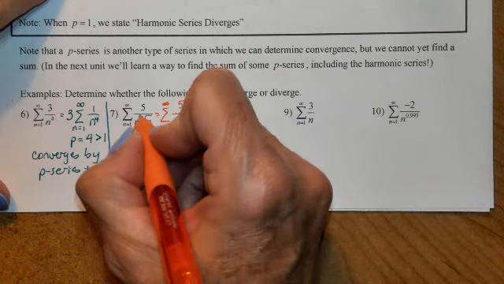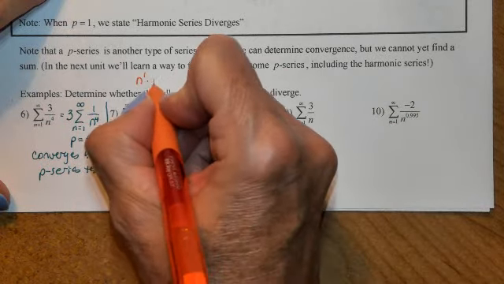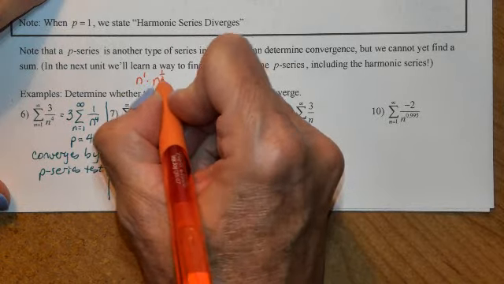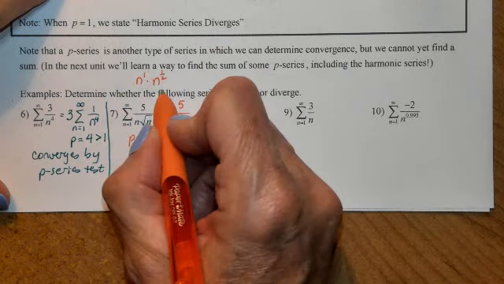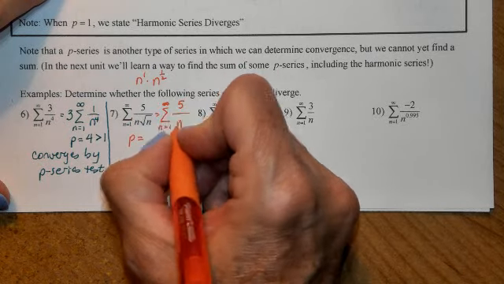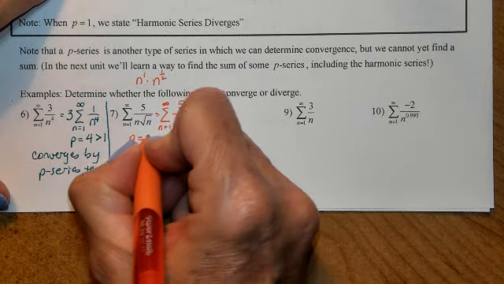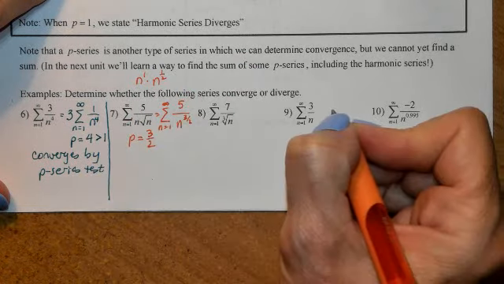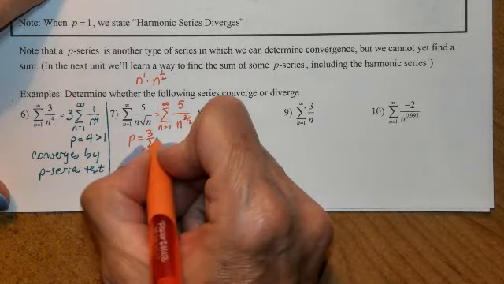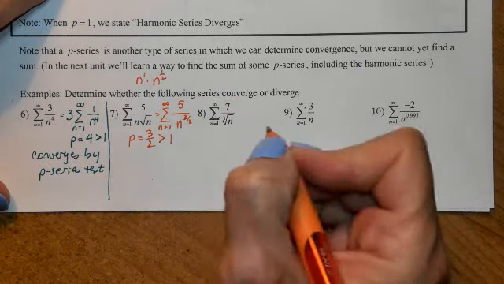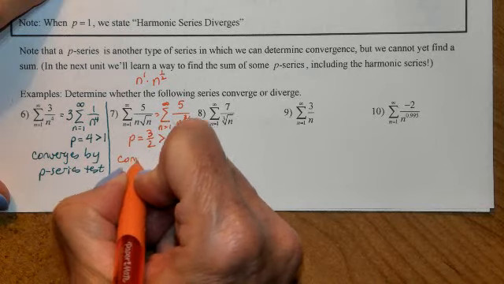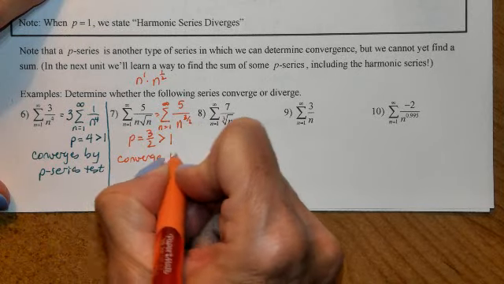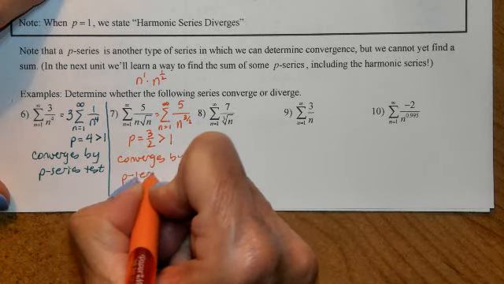This is n to the 1, and the square root of n is n to the 1/2. N to the 1 times n to the 1/2, you add your powers, so you get 3/2. So p is 3/2. 3/2 is greater than 1. So this series converges by p-series test.